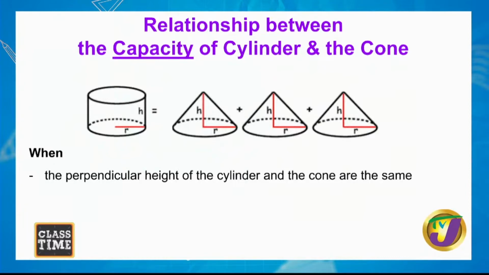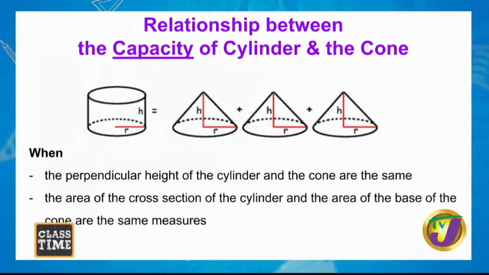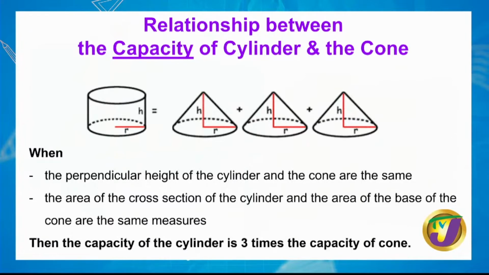Good, but those conditions must be met. So let us emphasize those conditions a bit more. When the perpendicular height of the cylinder and the cone are the same, condition 1, as well as the area of the cross-section of the cylinder and the area of the base of the cone are the same measures, then the capacity of the cylinder is 3 times the capacity of a single cone. Exactly.